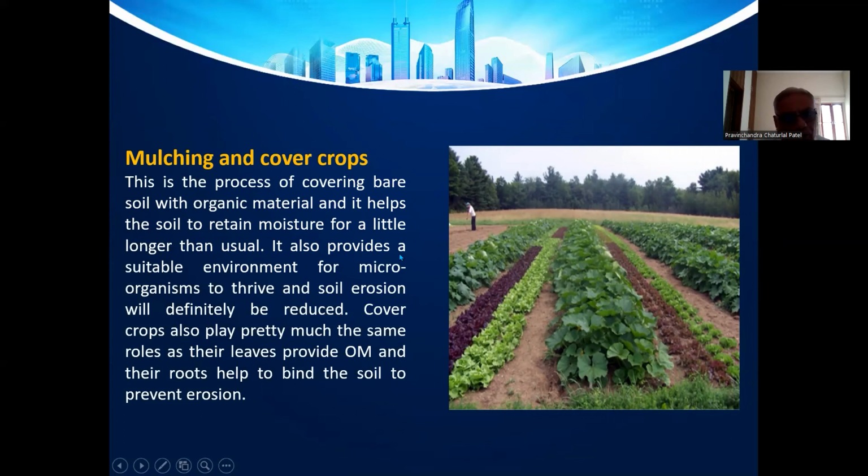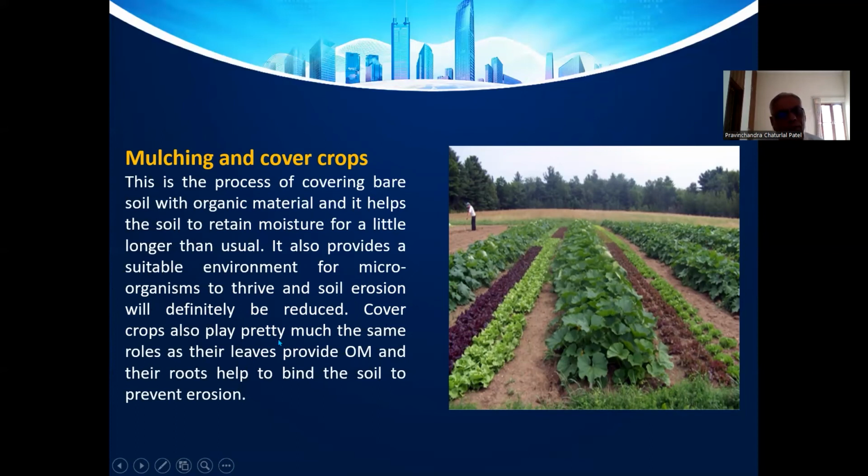Water holding capacity is increasing because of less evaporation due to mulching. It also provides a suitable environment for microorganisms to thrive, and soil erosion will definitely be reduced because the raindrops will not fall directly on soil, but on mulches. So water erosion is reduced.